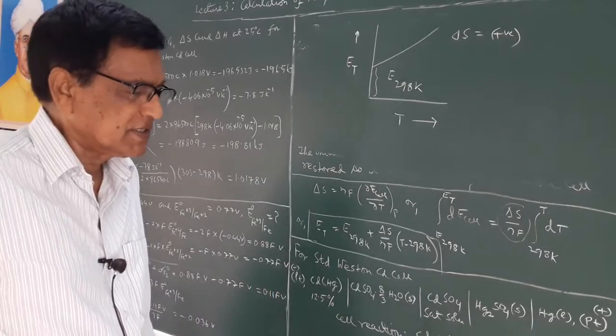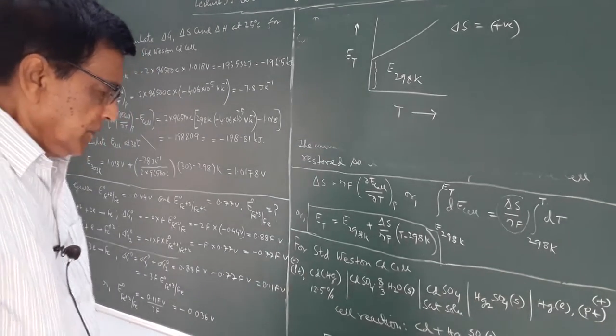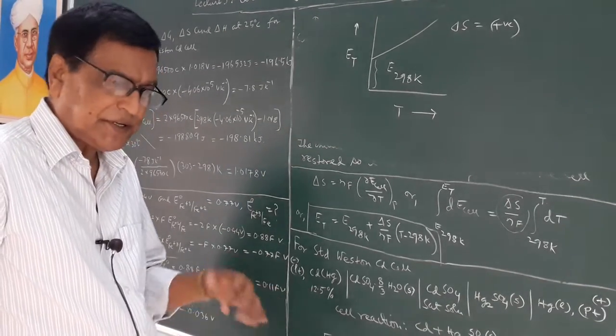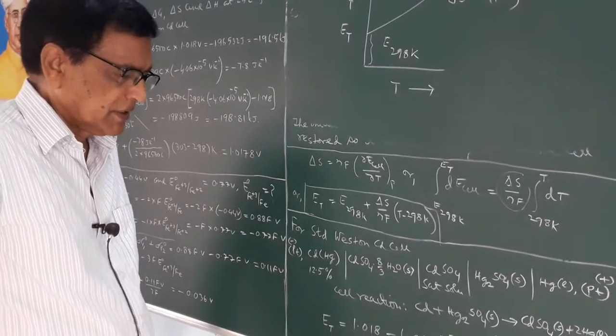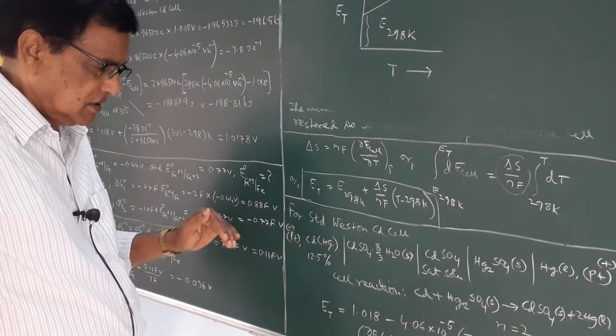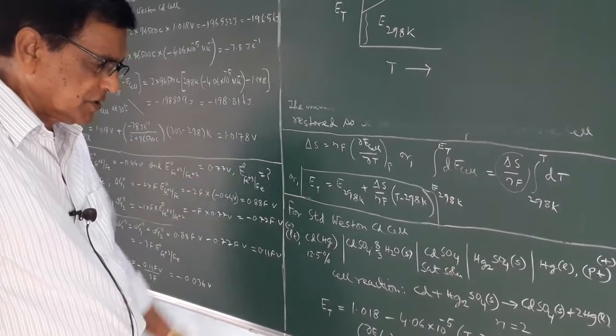Already I have discussed this in my last lecture. The 12.5% is taken to make the EMF of this cell remain constant.